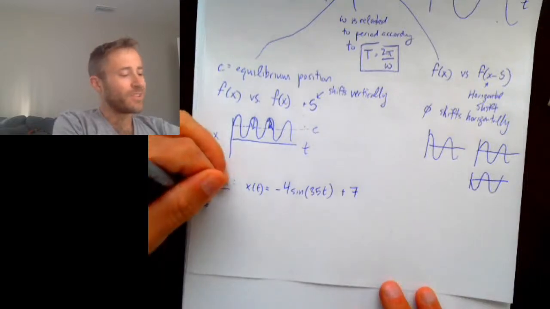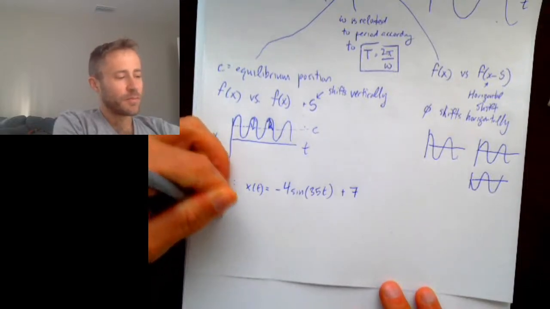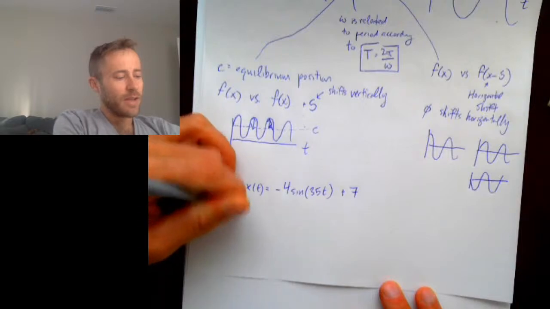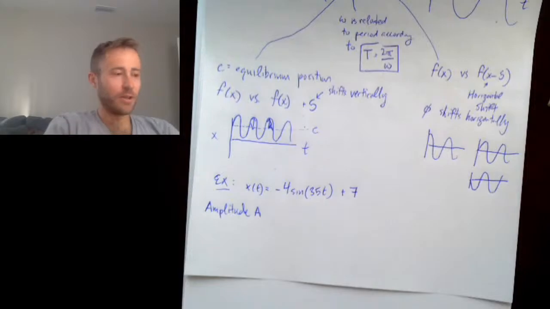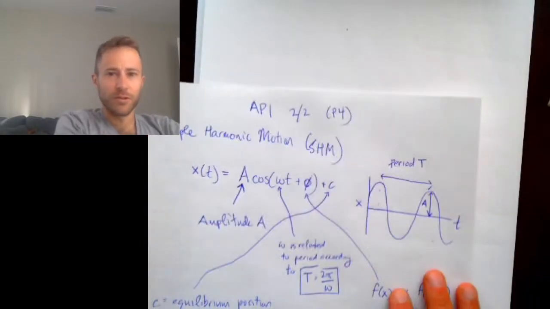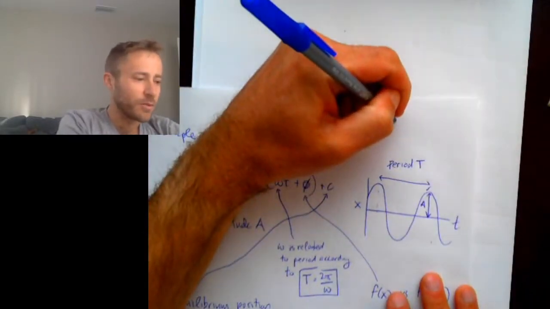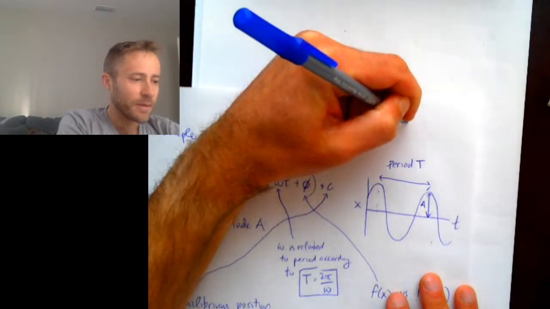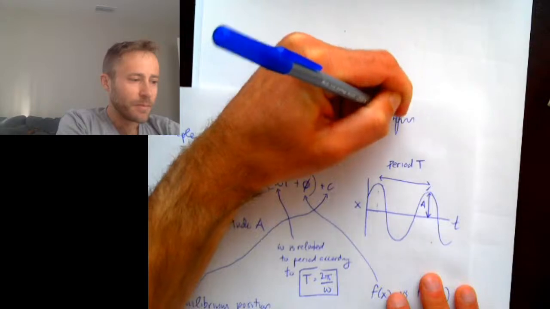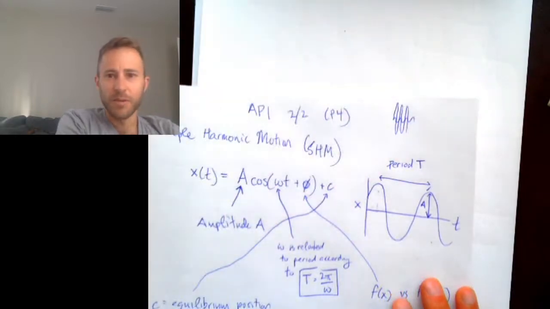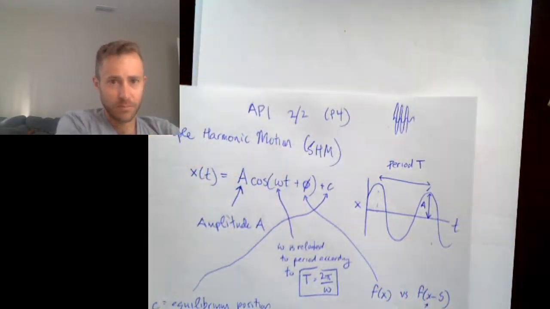Well, first of all, what is the amplitude? The amplitude, A, is the size of the vibration. So big amplitude versus small amplitude, like this would be small amplitude. This would be big amplitude. So it's how big is that vibration.